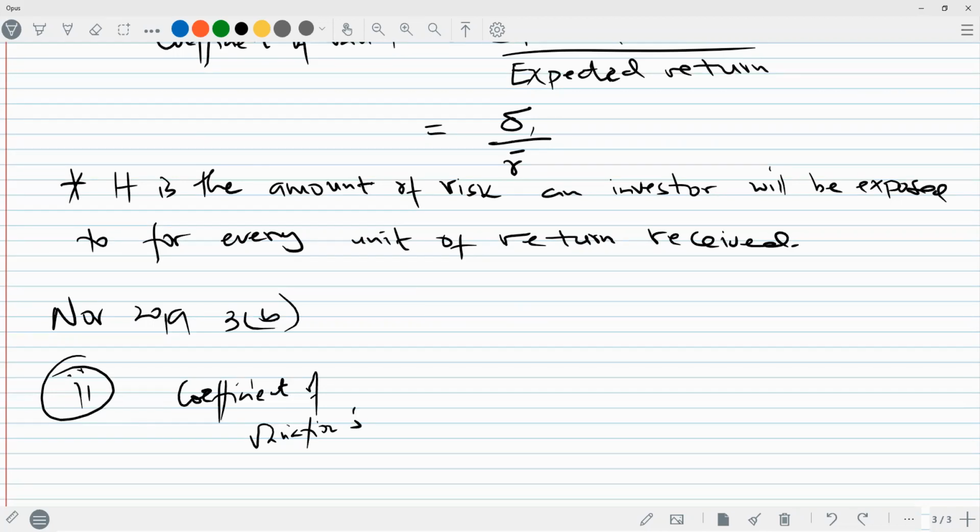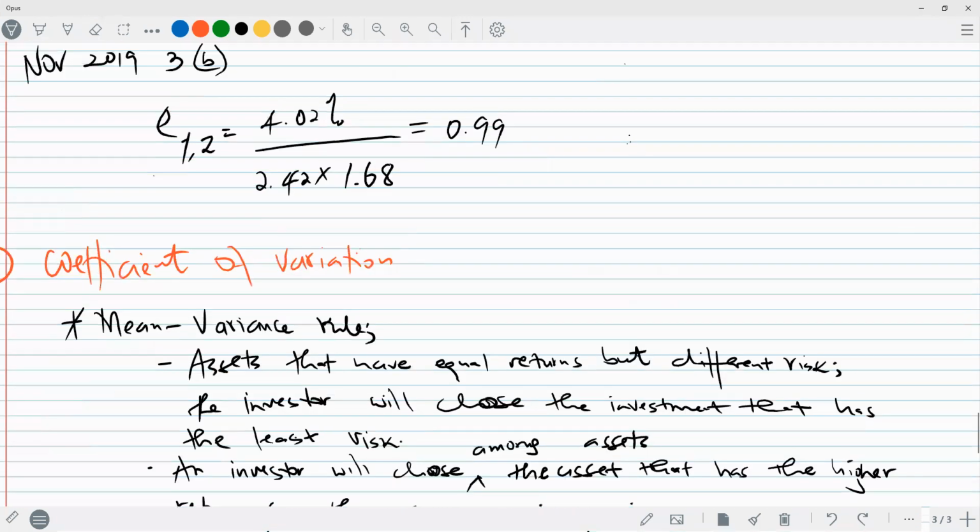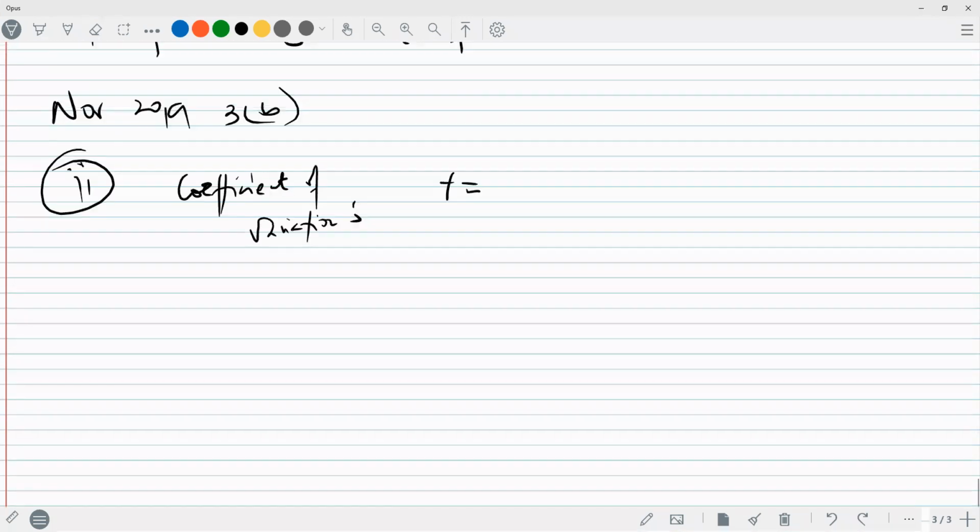What do you get for Y? For Y, it will be equal to the risk for Y. What was the deviation for Y? The 4 point something was the covariance. It's 1.68?